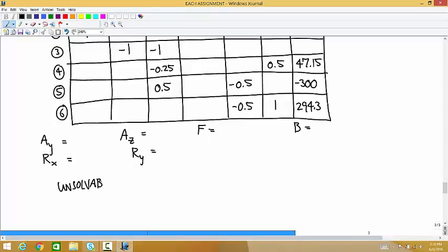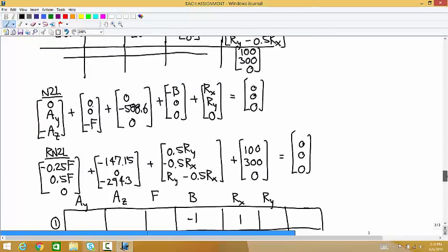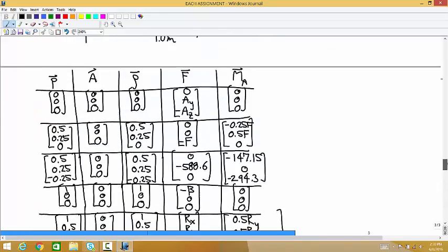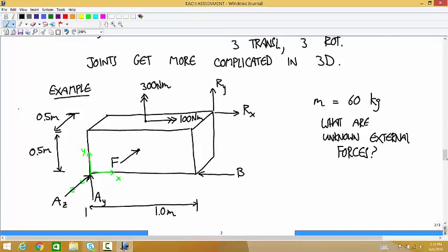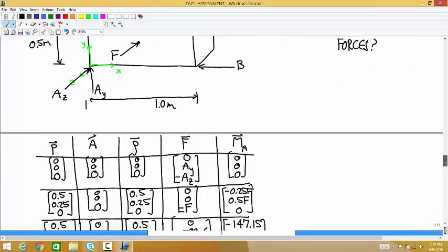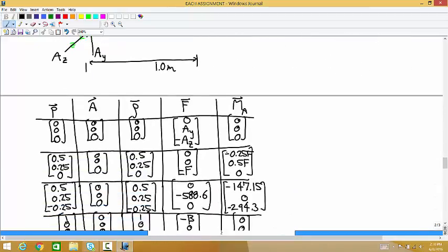Damn. But think how mad you'd be if you didn't have a calculator. Yeah, exactly. But it shows the process. That's what I get for doing this example without solving it first. But anyways, the basic approach that you take, you can see, is the same. Just all your vectors are three-dimensional vectors. Your moments, instead of having a single non-zero element, have 3 non-zero components.